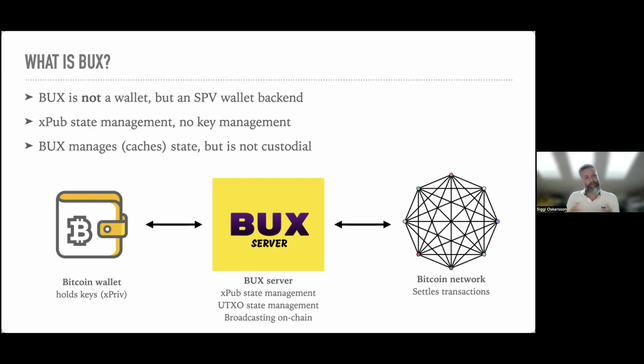So all the interactions that you have on the blockchain will be stored in a database on the BUX server, and actually the UTXOs that you have and the transactions will be in the BUX server, so you don't have to go to the full node. So you have like a little slice of the Bitcoin network that you are interested in on your own little server. Of course, there are things that already do this, like a mobile SPV wallet will do the same thing.